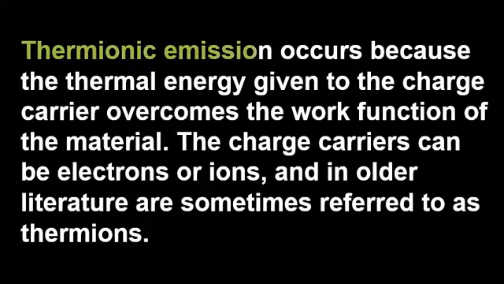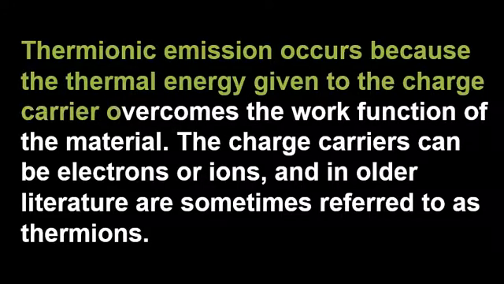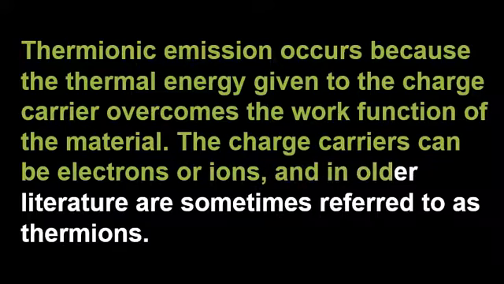Dear student, please note that thermionic emission occurs because the thermal energy given to a charge carrier overcomes the work function of the material. The charge carrier can be electron, ion, or in older literature they are sometimes also referred to as thermion.